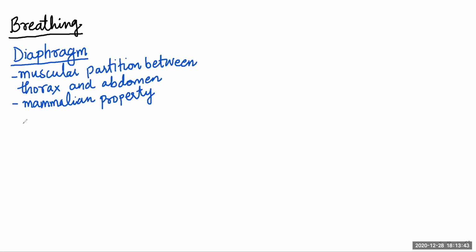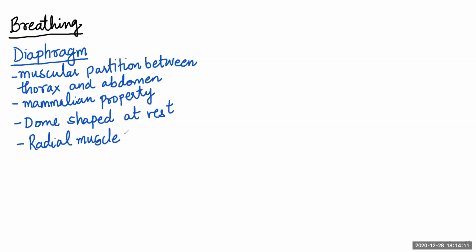Now diaphragm, that dome shaped structure. It is dome shaped at rest. Diaphragm has radial muscles. Radial muscles matlab beginning from the center and going towards the periphery. There are radial muscles in the diaphragm.